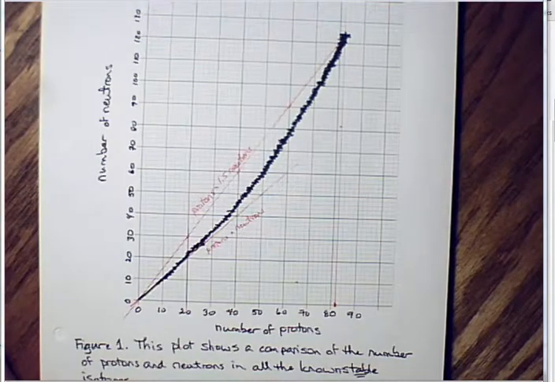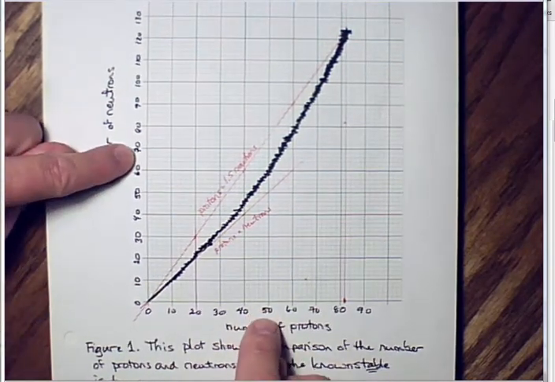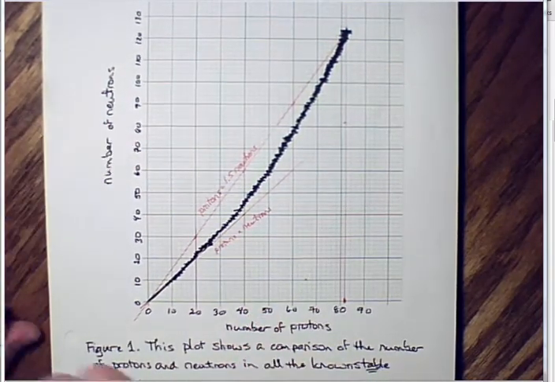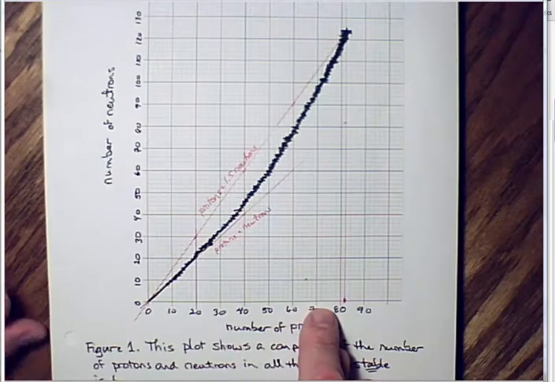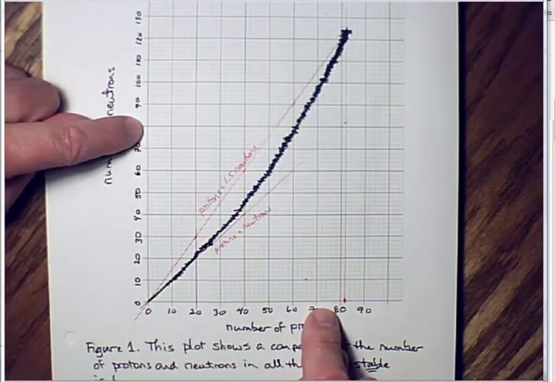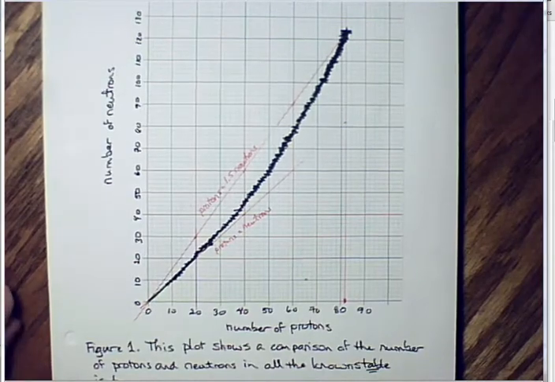Now, find osmium 152 on this chart and figure out whether it's likely to be stable or not. You find the 76 and you find the number of neutrons up here and see where it fits, and see if it's stable.